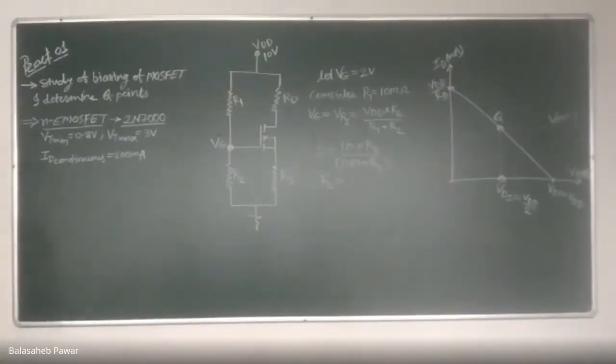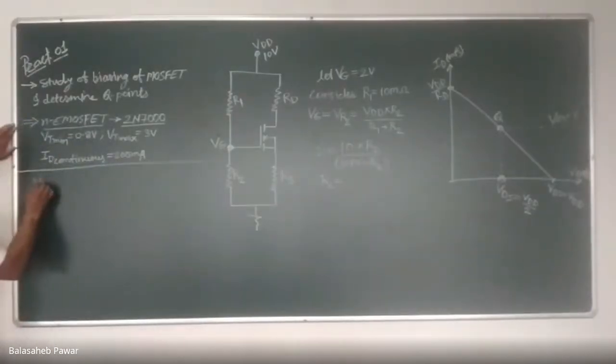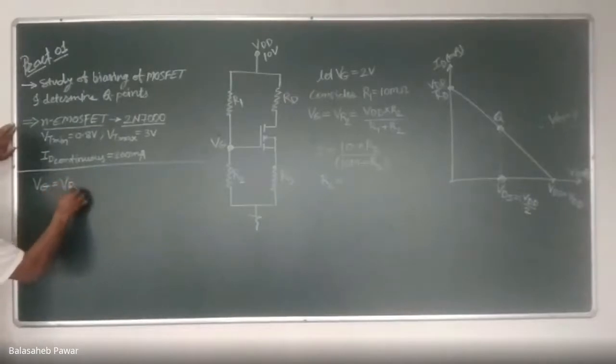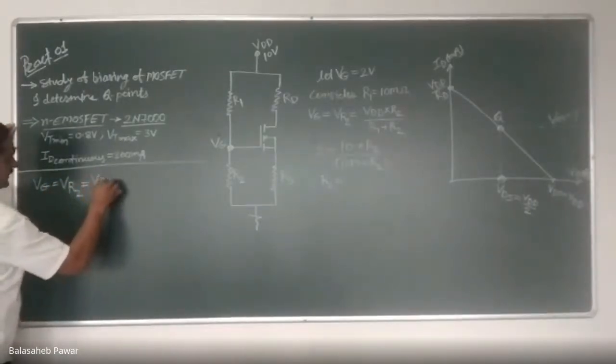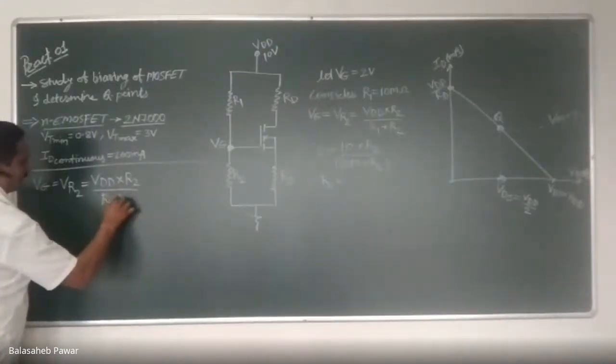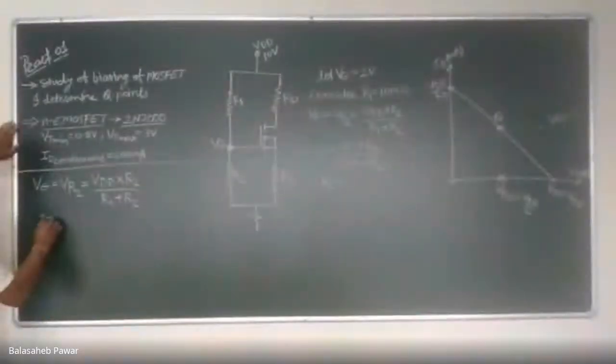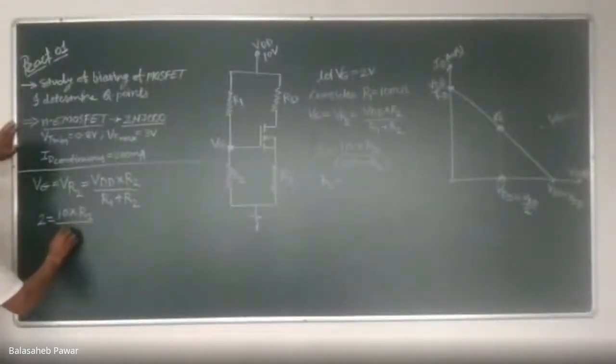Same thing I will write over here. VG equals VR2 equals VDD into R2 divided by R1 plus R2. R1 is taken as 10 mega ohm. VDD is considered as 10 volts. VG we also consider as 2 volts. So 2 equals 10 into R2 divided by 10 mega plus R2.